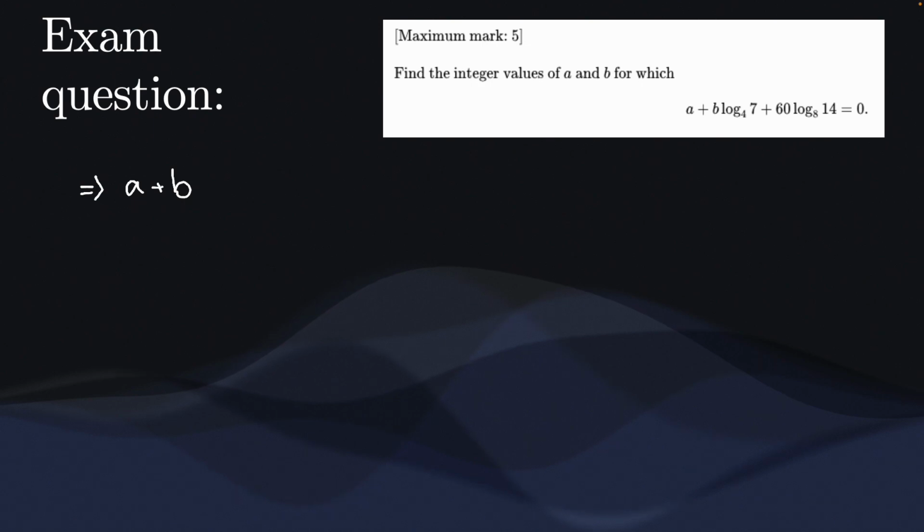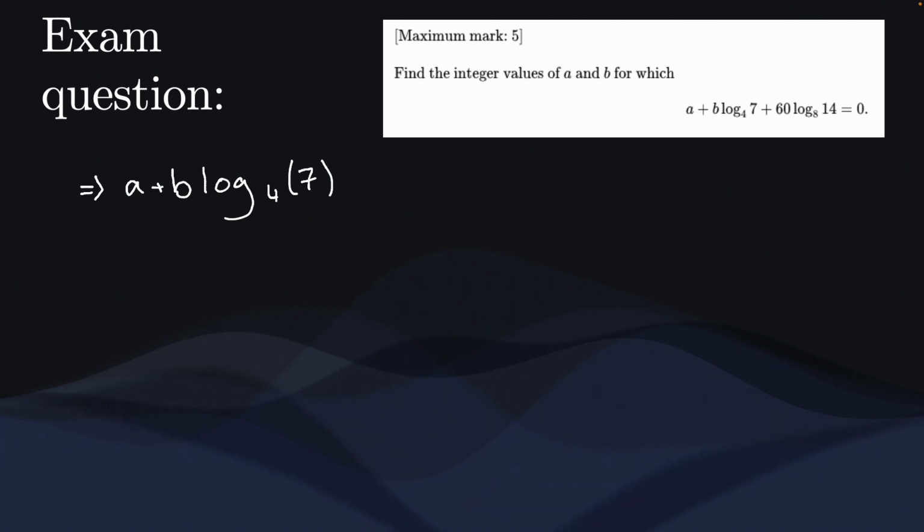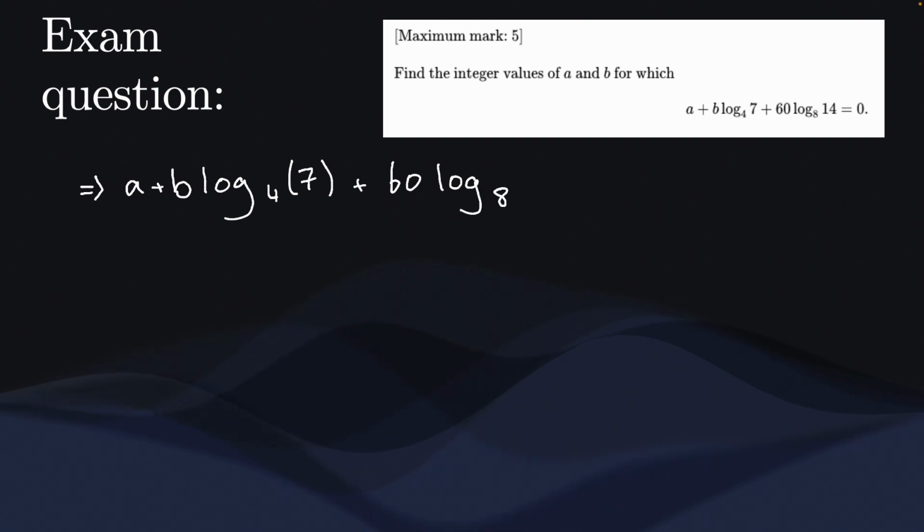So we're trying to find integer values for a and b when (a plus b) times log base 4 of 7 plus 60 log base 8 of 14 is equal to 0.